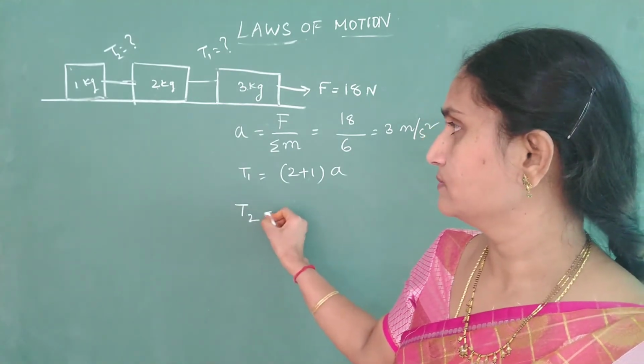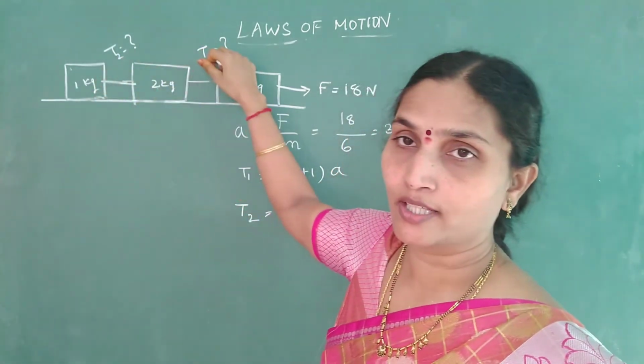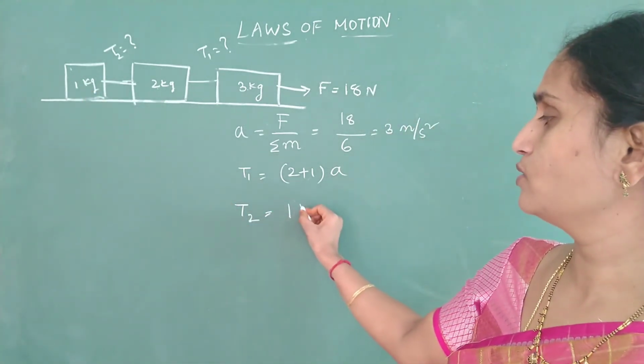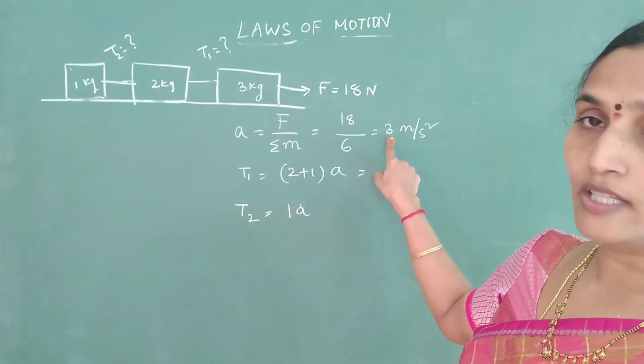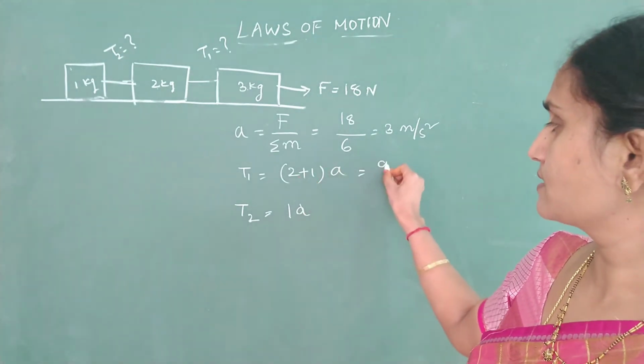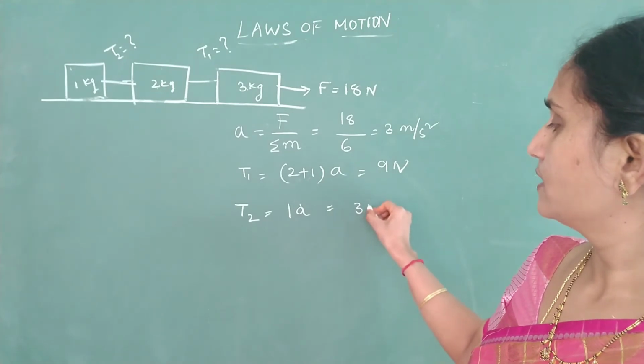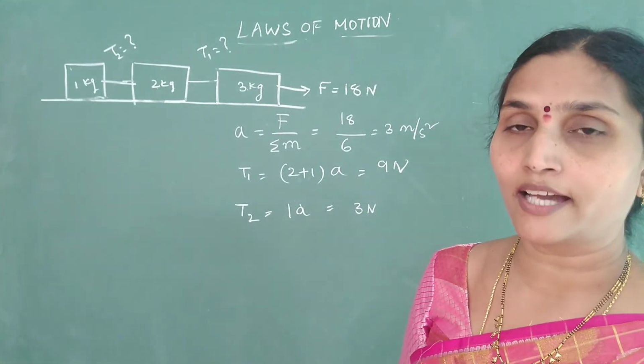T2 is equal to, hold the string here and pull it. Only 1 kg will be moving with you. So tension will be 1 into A. A we already know. 3 into 3, this is 9 Newton. This is 1 into 3, 3 Newton. Okay, this is a direct method of writing.